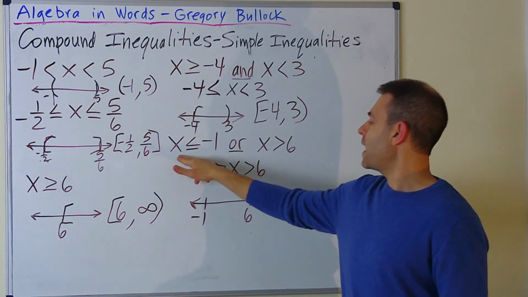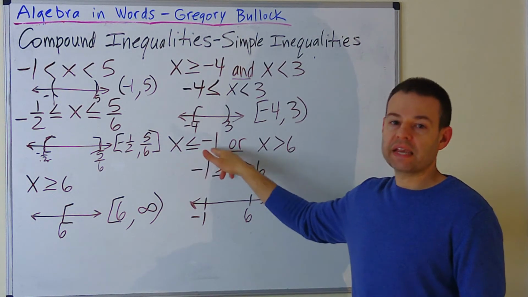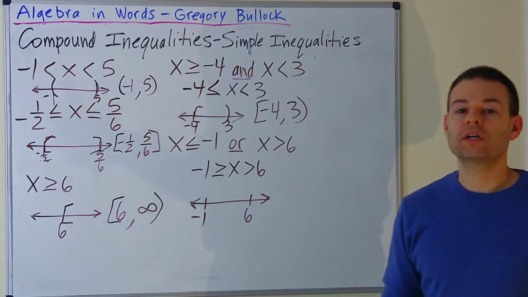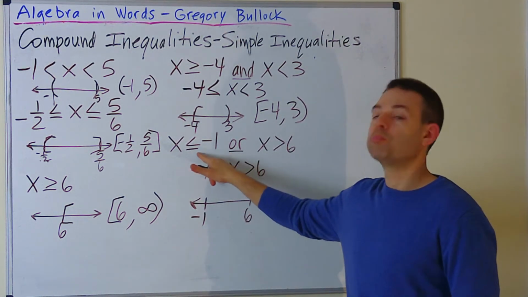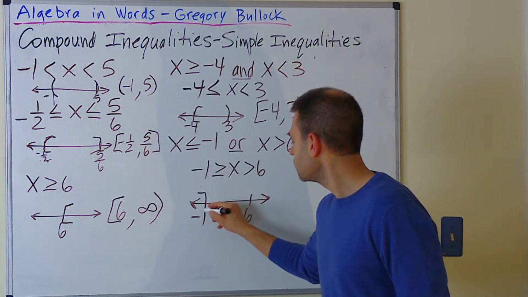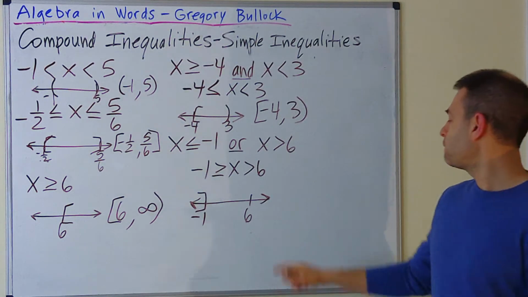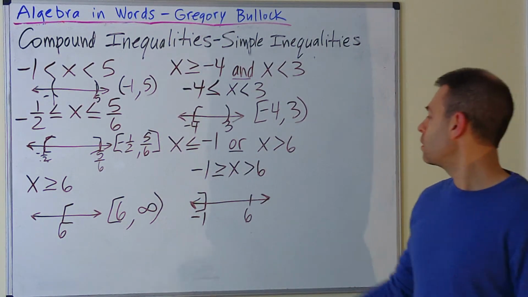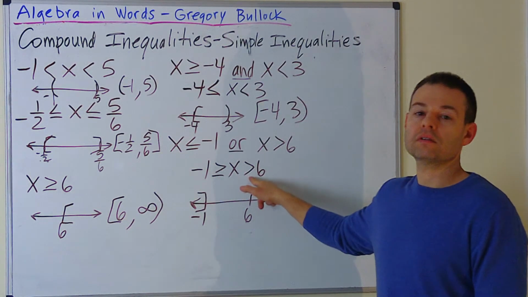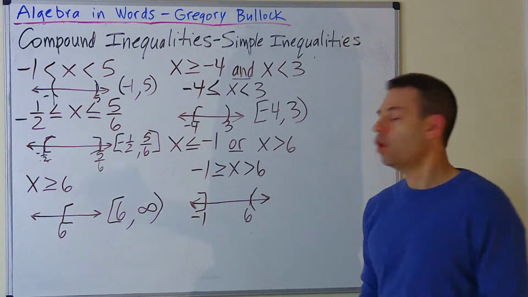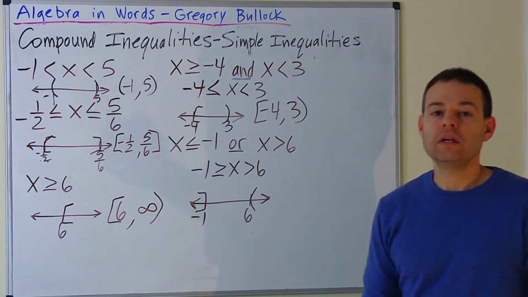So if this is x is less than -1, less than points in this direction, so we're going to put a bracket open to the left. And for 6, x is greater than 6, this was inclusive, this is not inclusive, so we're going to draw a parenthesis open to the right.